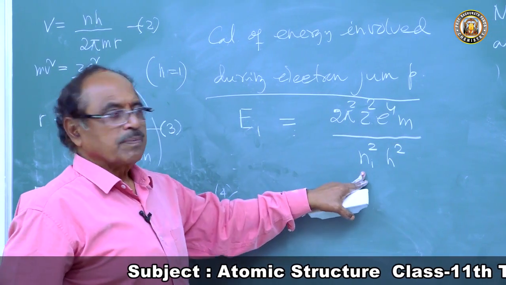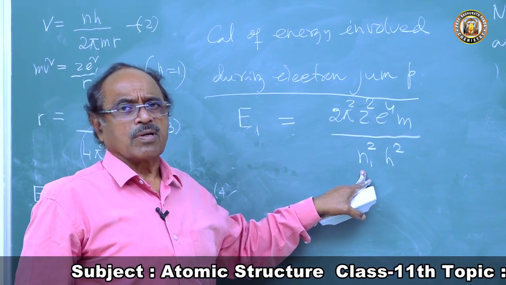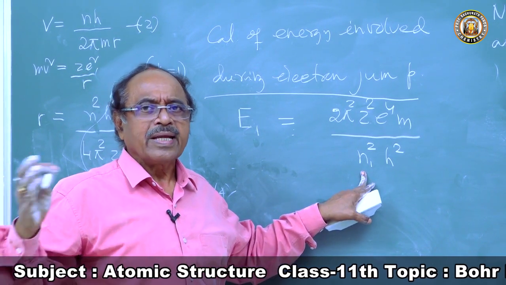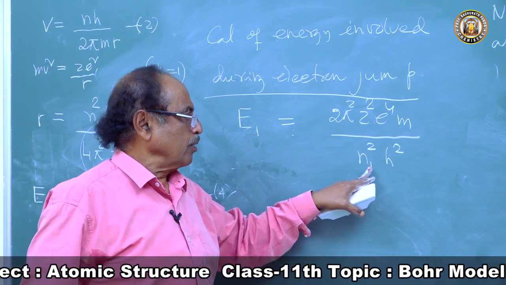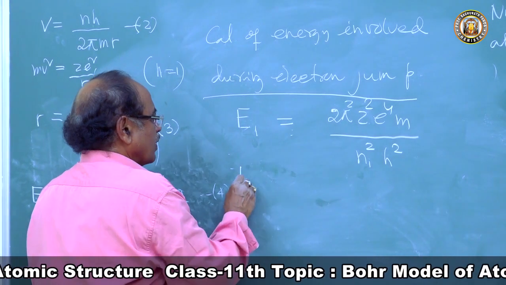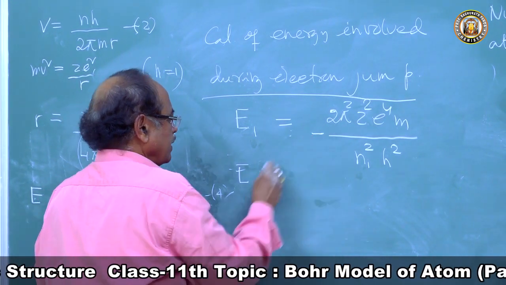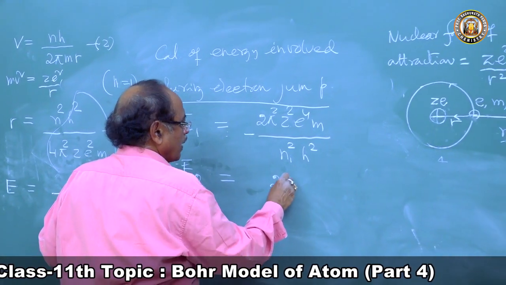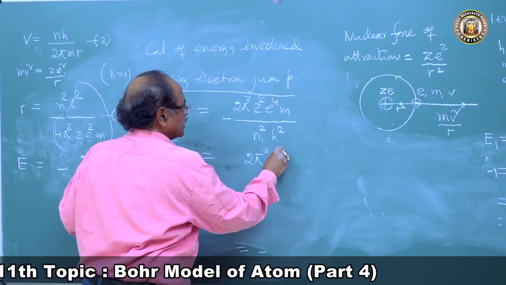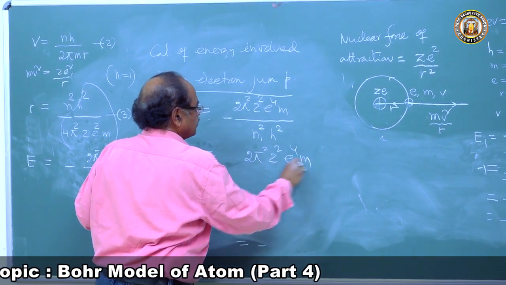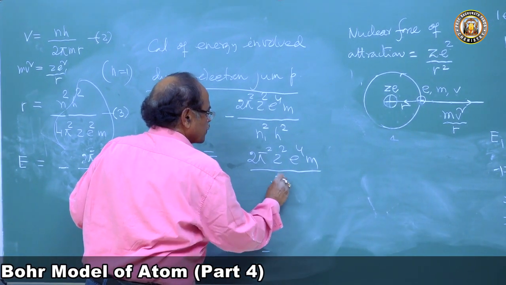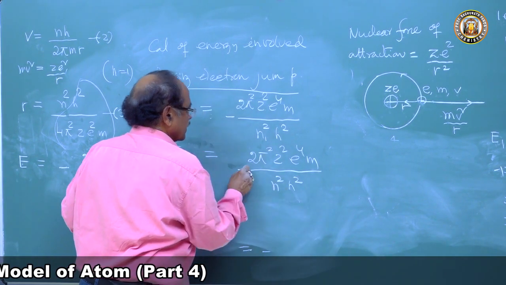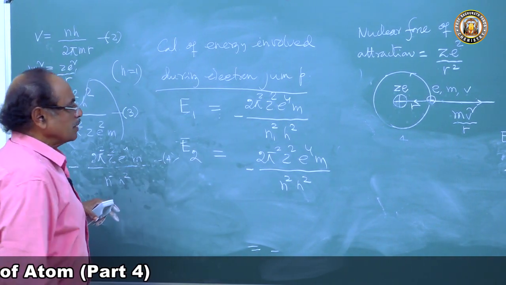When it is moving in any orbit of principal quantum number n, I am not doing first orbit or second orbit, I am telling any orbit. So n1 square h square, and what will be E2? Minus 2 pi square z square e fourth m by n2 square h square.